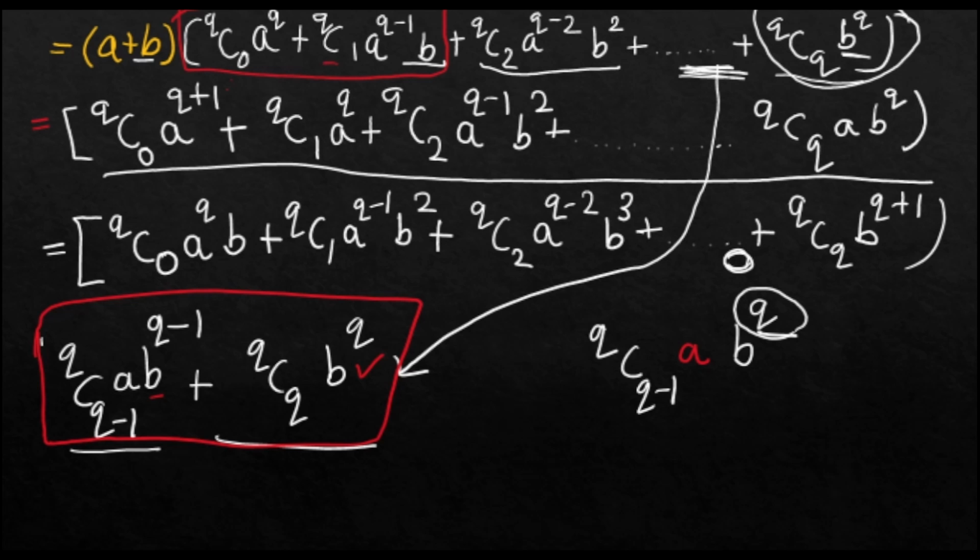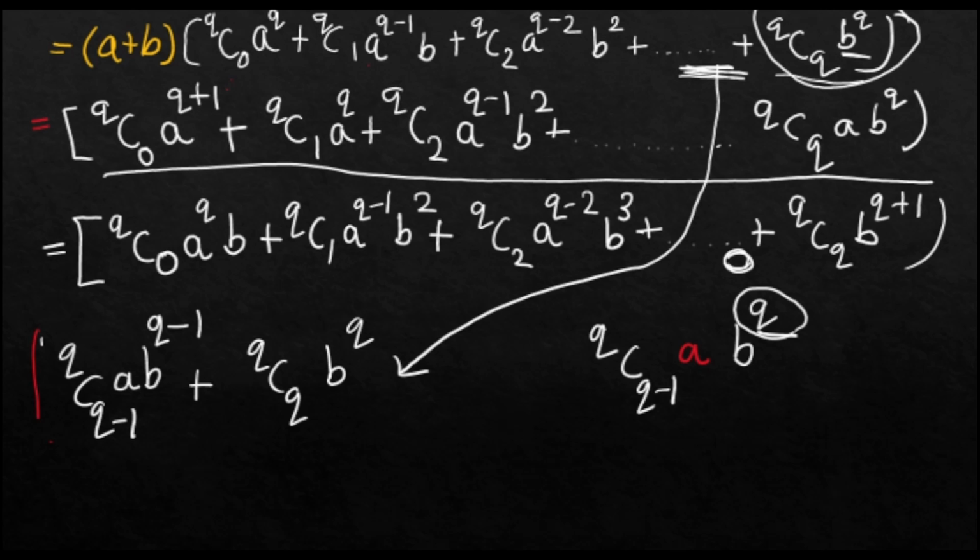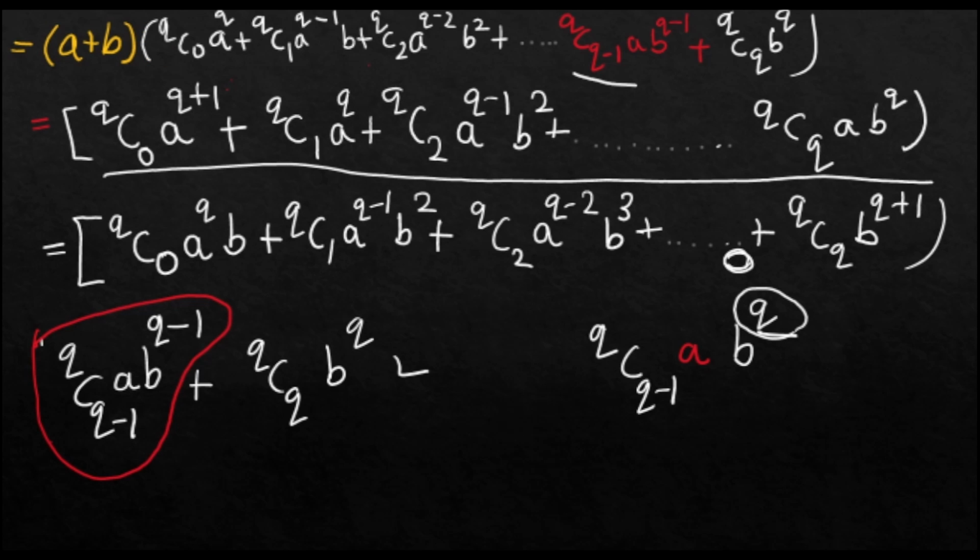Now in the second term here, A is having index Q minus 1. Same way, in this case B is also having the same index Q minus 1. B appears having index only 1, and this is the same case, A is having 1. So what will be the previous term? That will be this one. So this is our previous term in the expansion.